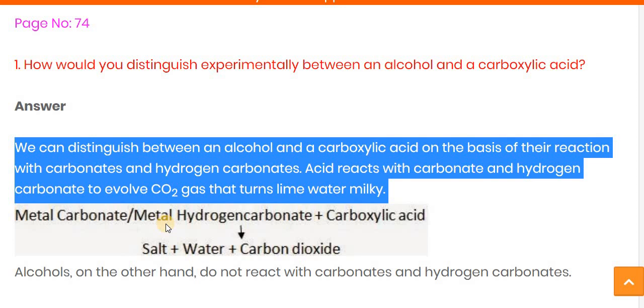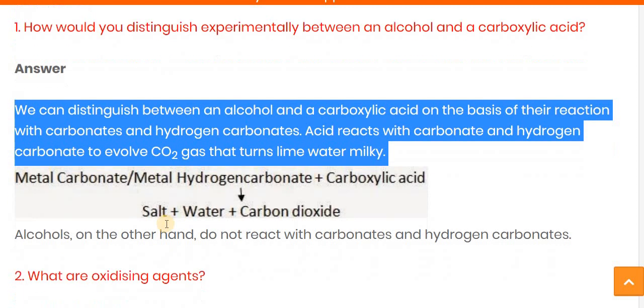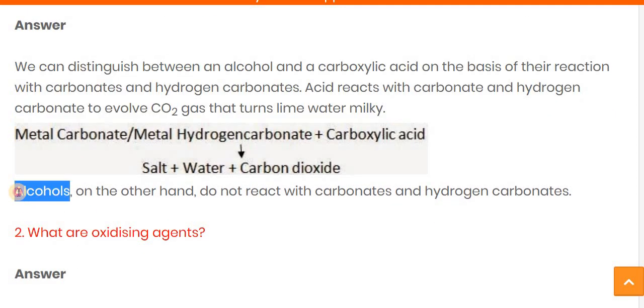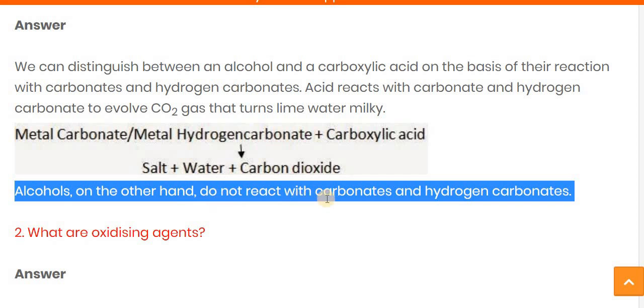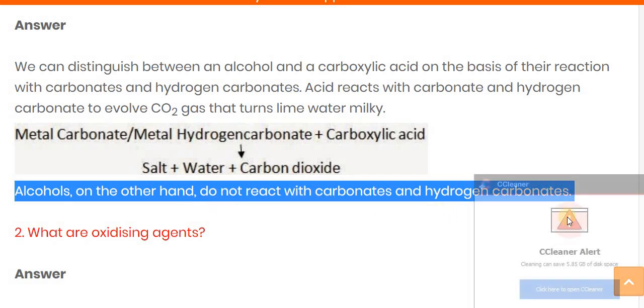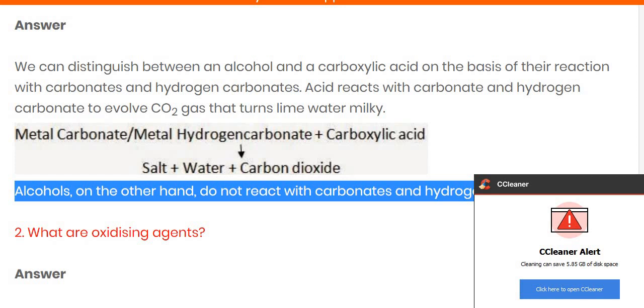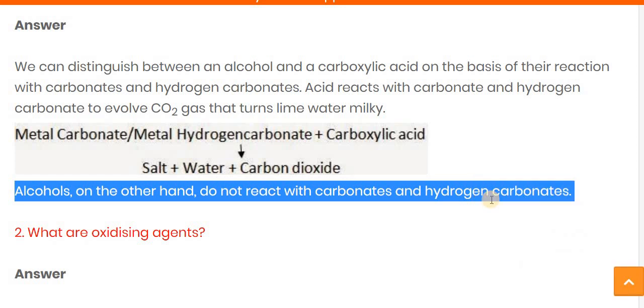So by that we can prove that in this solution the carboxylic acid is there, and the other solution is of an alcohol. The alcohol, on the other hand, does not react with the carbonate and the hydrogen carbonate.